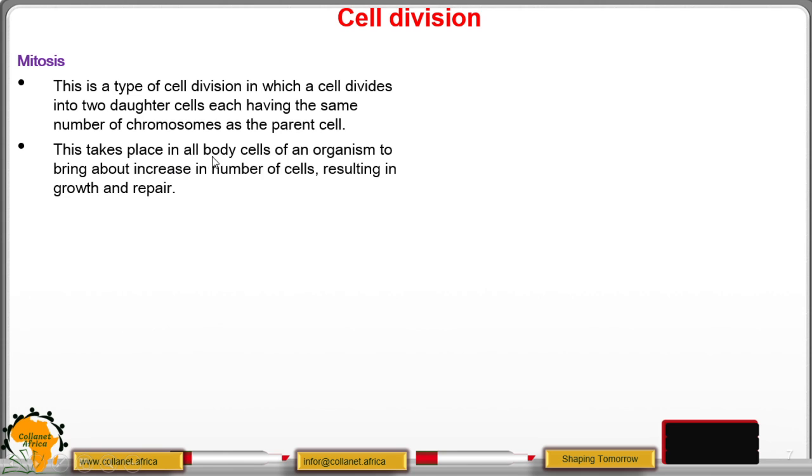And it takes place in all body cells of an organism to bring about an increase in the number of cells, and that results in growth and repair.